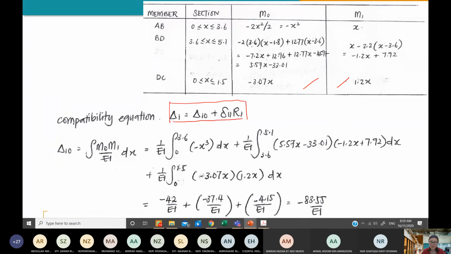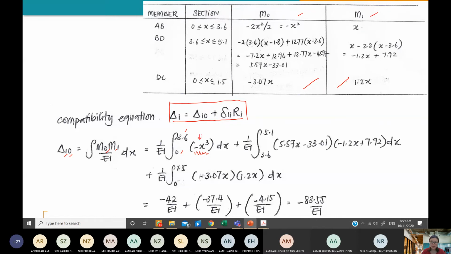Let's see if there is anything special here. Remember, M0 is dealing with M1. So you take both of this data from M0 and M1. We start at AB first, 0 to 3.6. This is because of the multiplication of negative x squared and the x.